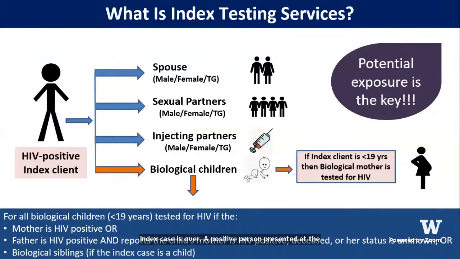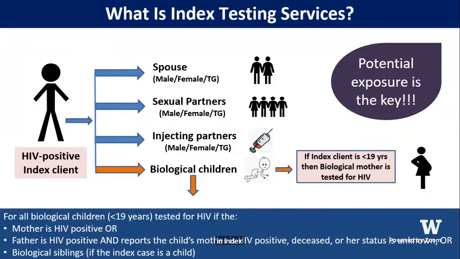Whosoever is at risk of getting HIV may be the partner, the spouse, the sexual partner or the injecting partners. When I say injecting partners, I mean the needle sharing partner with whom the index case is sharing needle syringes or other injecting equipment. And the biological children can also be potential index contacts.